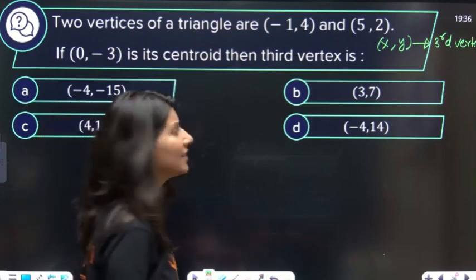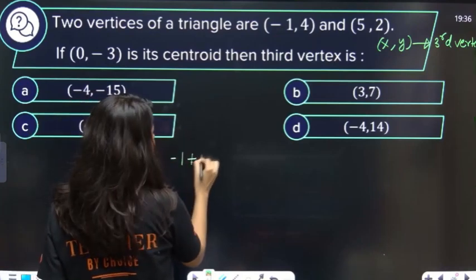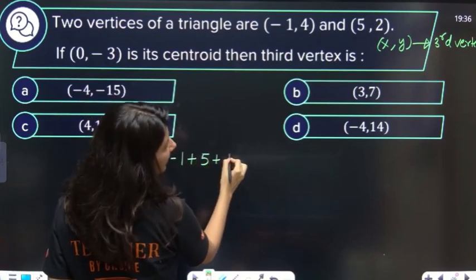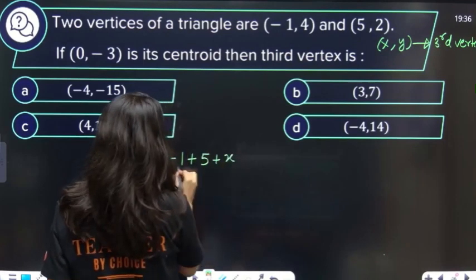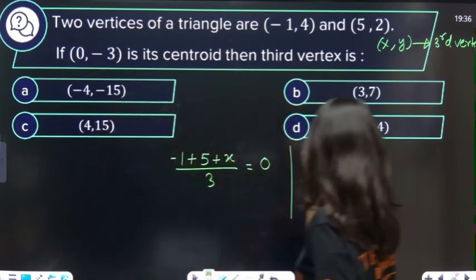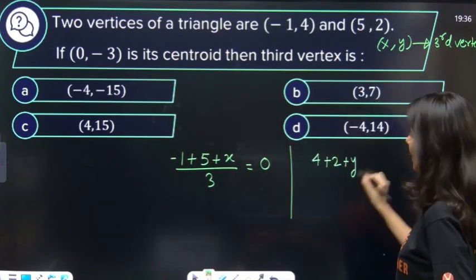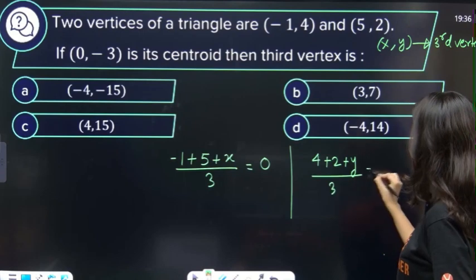Okay, so it's a very easy question. x1 is -1 plus x2 is 5 plus x3 is x, whole upon 3, centroid is 0. And now the y coordinate, 4 plus 2 plus y whole upon 3 is equal to -3.